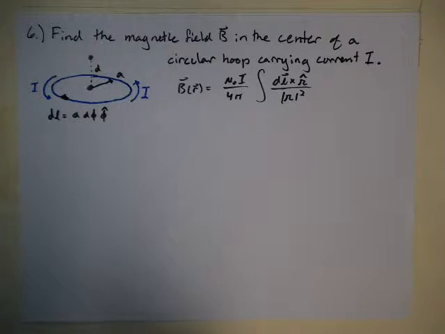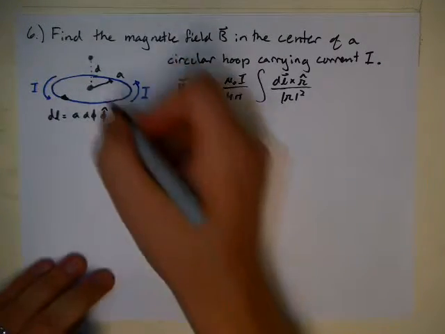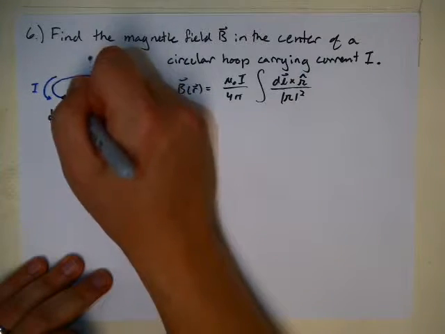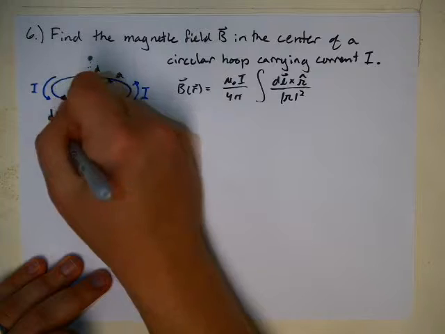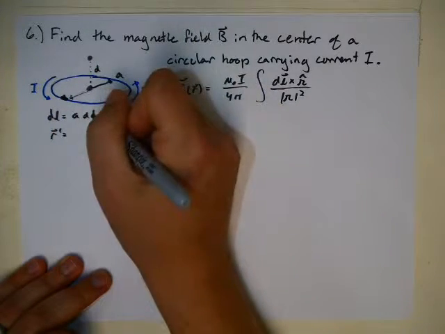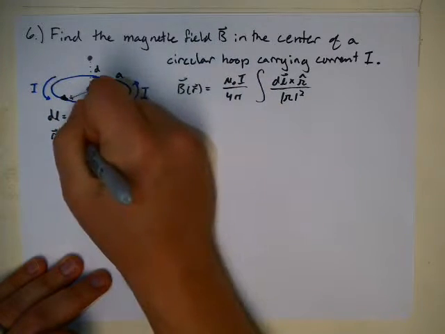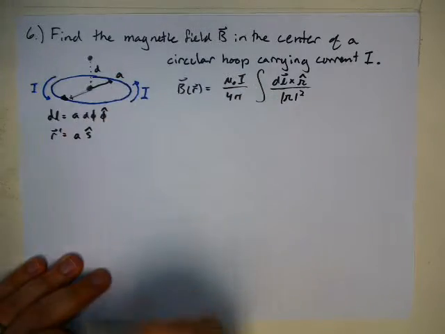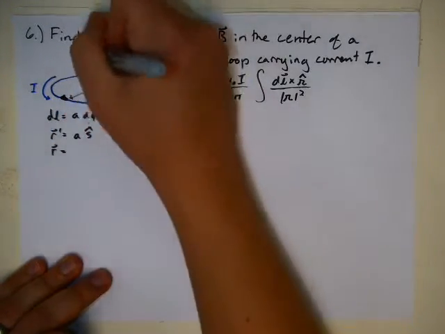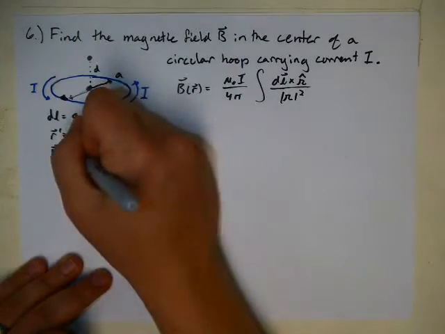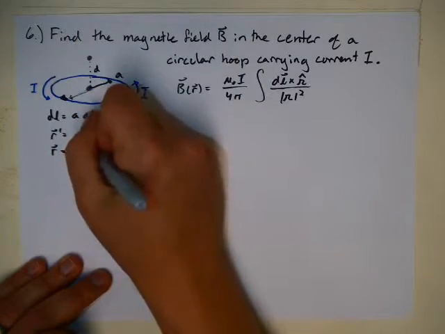And r prime is the distance to that current element, so r prime is of course going to be simply a s hat, and r is the distance to the point of interest, in that case this point up here, and so this is going to be d z hat.